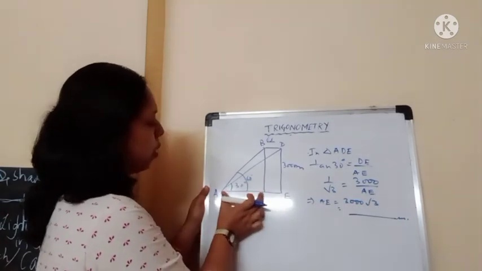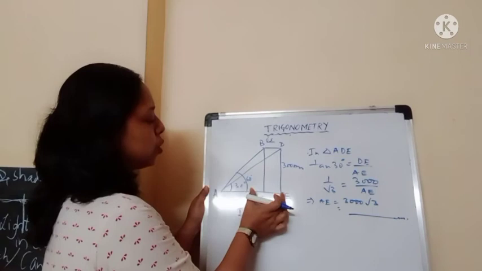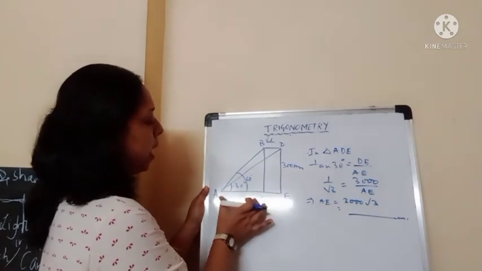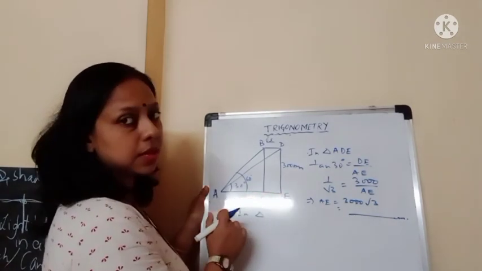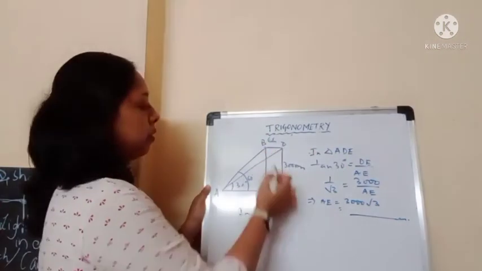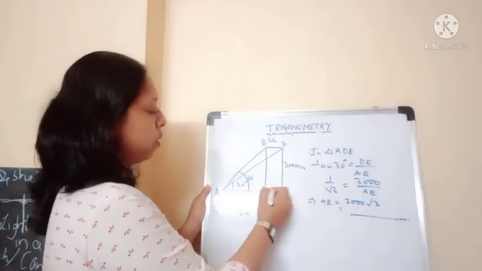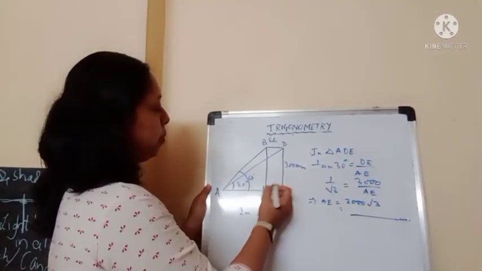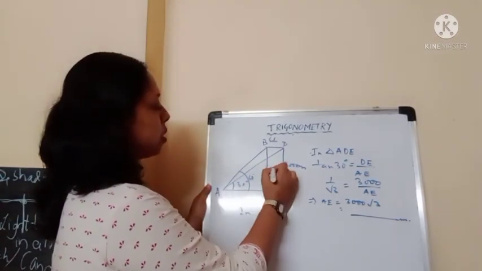Now if we subtract AC from AE, we can find this distance. This distance and this distance are equal because they are horizontal and these two are vertical. So BC is also 3000 meter.